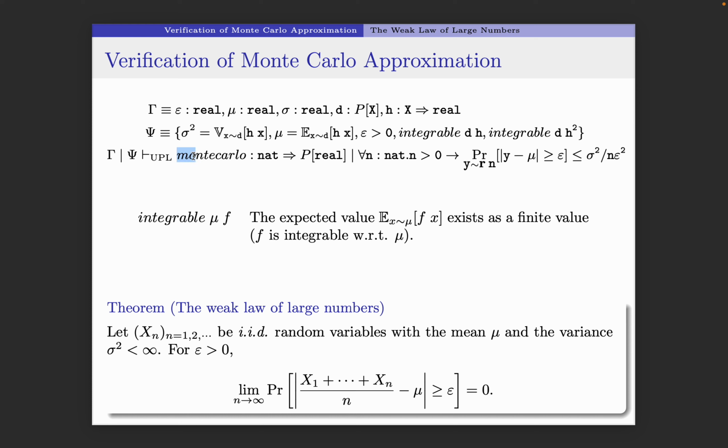And this part is the program and its type, and the last statement is the conclusion.